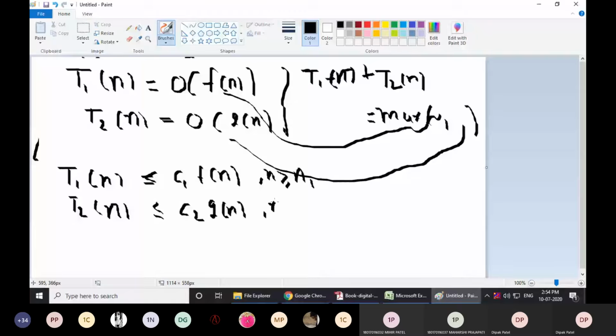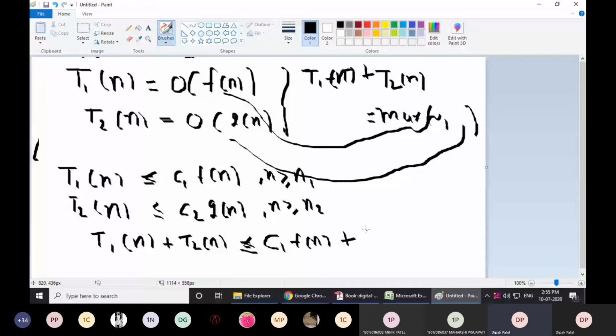Right? Now from 1 and 2, if we combine these two, T1(n) plus T2(n) will be less than or equal to, according to this, C1 into f(n) plus C2 into g(n).